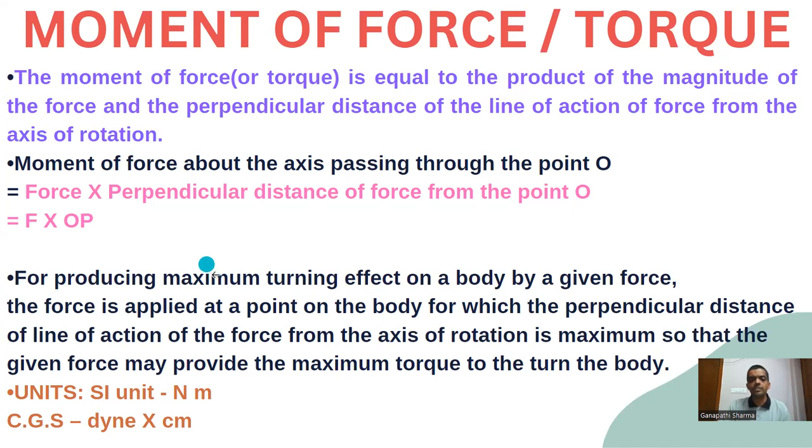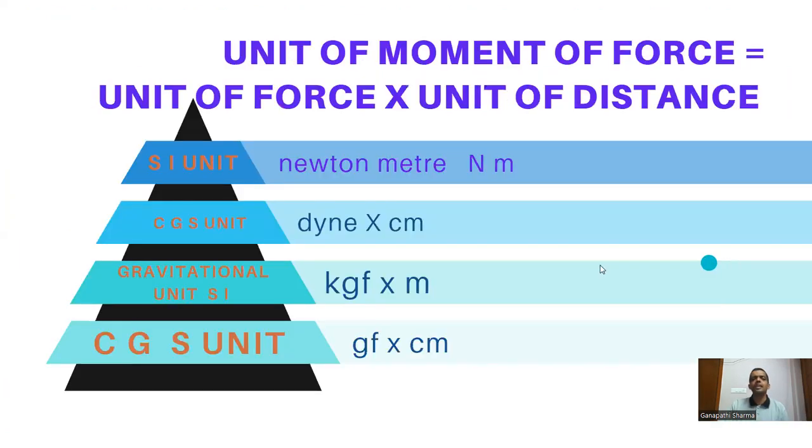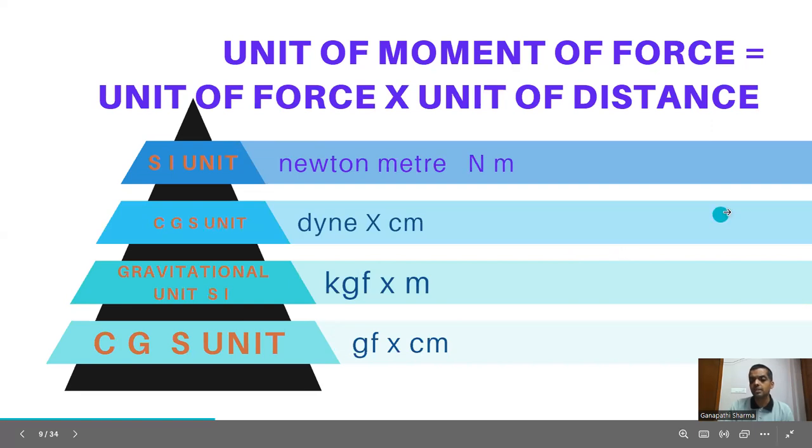If the perpendicular distance is larger, then you will get more torque, meaning the rotation of the body will be easy. Let us recollect the units. SI unit is Newton meter, CGS unit is dyne centimeter, gravitational SI unit is kgf meter, and CGS unit is gram centimeter.